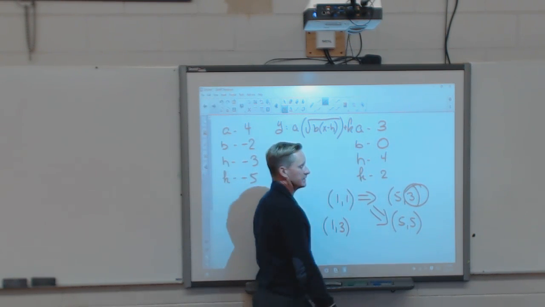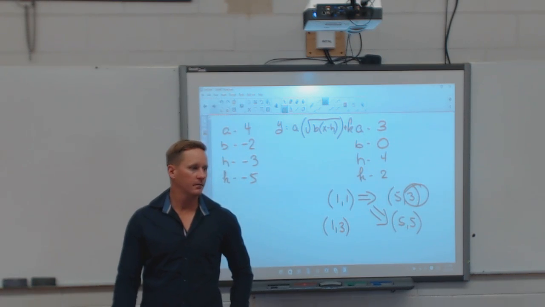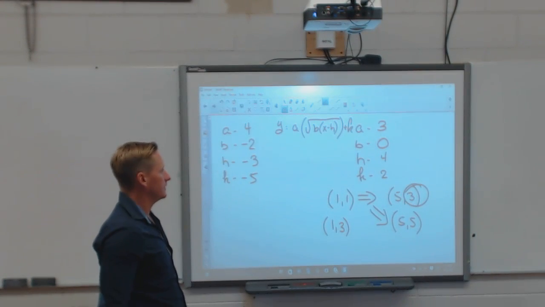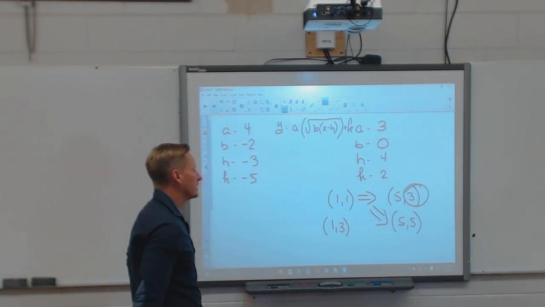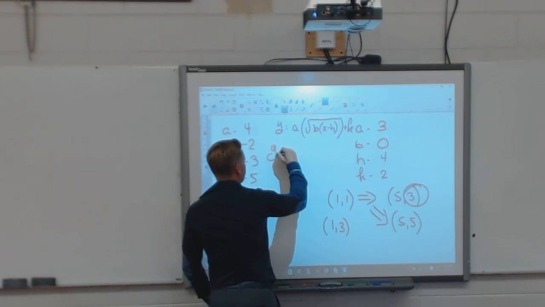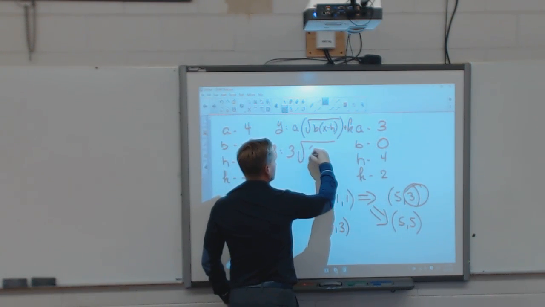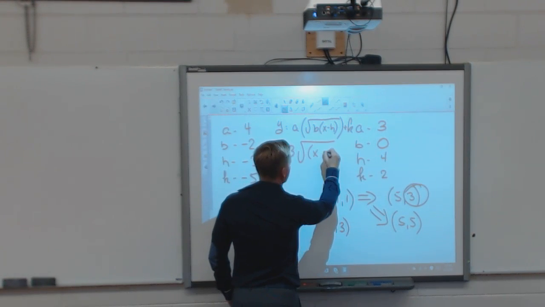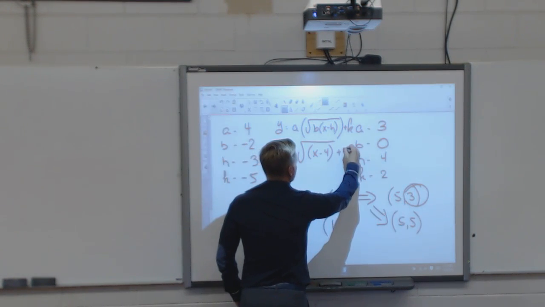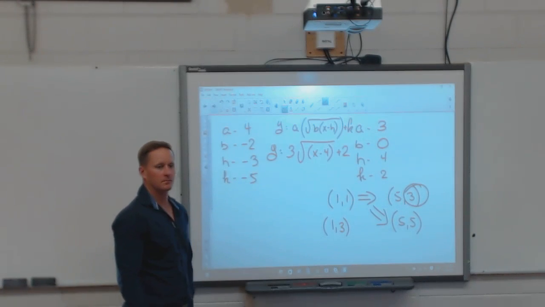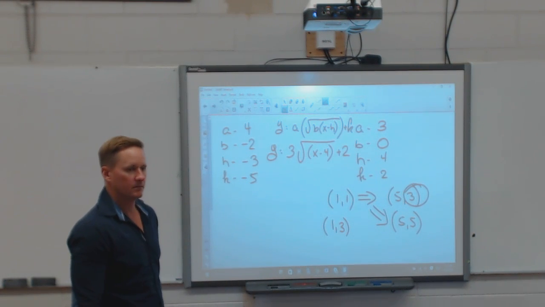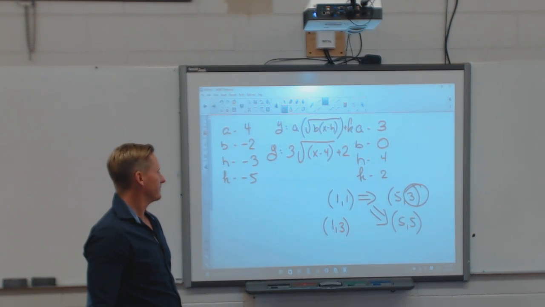So then that means that my a value is 3. Here's the hard part. So what does the equation look like? 3 bracket square root x. Right?